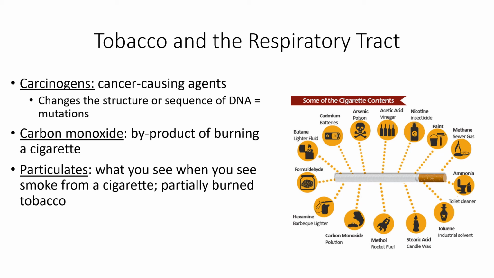To the right are some of the contents of cigarettes: arsenic, acetic acid, paint, methane, ammonia, cadmium, which is found in batteries, butane, formaldehyde, which is exactly what you think it is, a chemical used for preserving bodies, hexamine, carbon monoxide, methyl, toluene.